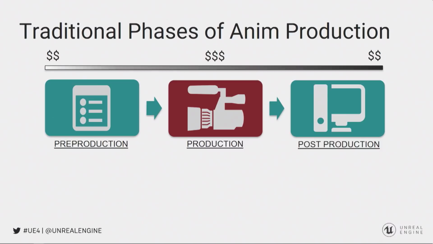So for an animated film, this is a little bit different. The picture is still complicated, but an animation studio has some advantages. Typically, they can concentrate all of their creative firepower in a single phase, and it's usually during production. Live action films are not quite as lucky.